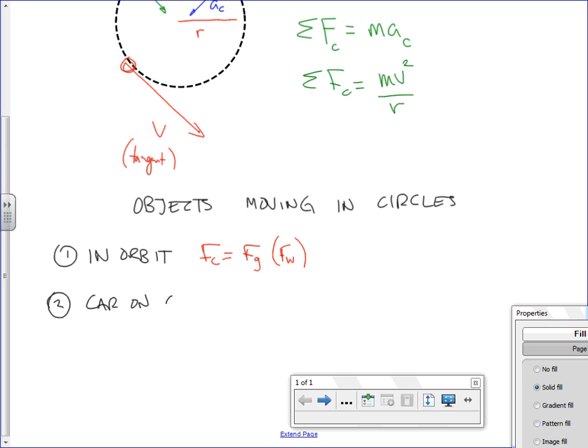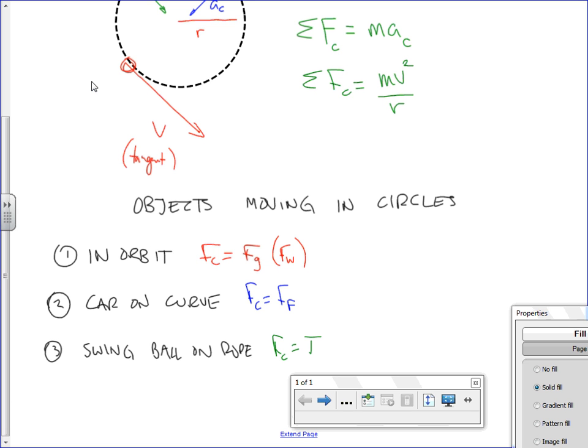Two, car on a curve: centripetal force is friction. Without friction, cars can't turn. Friction between the tires and the road. Three, swing a ball on a rope: centripetal force equals tension.